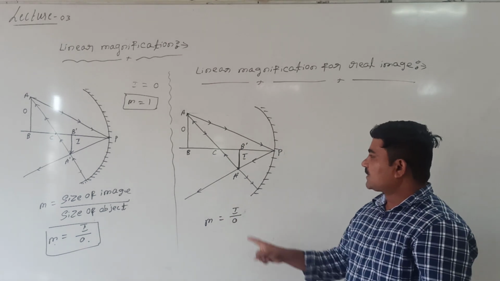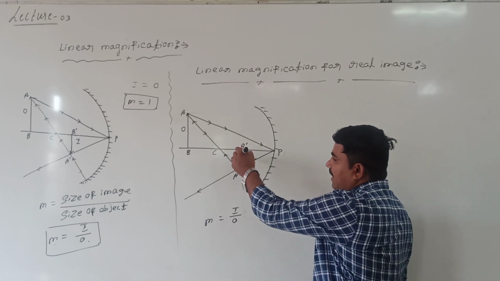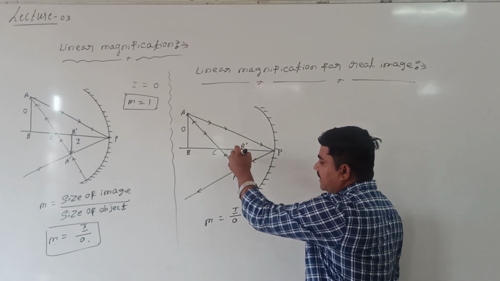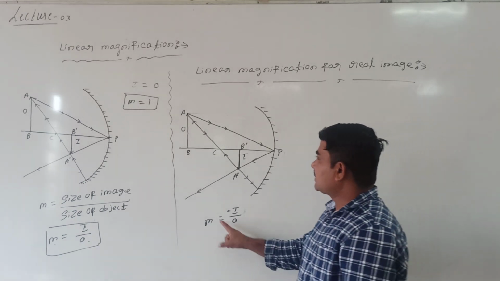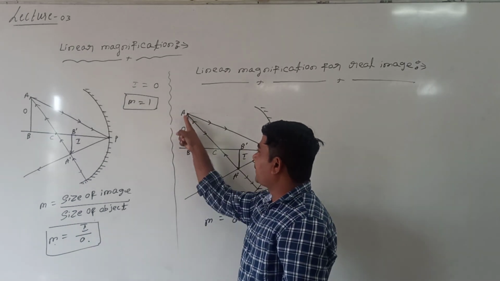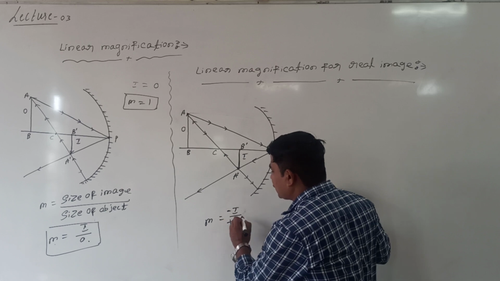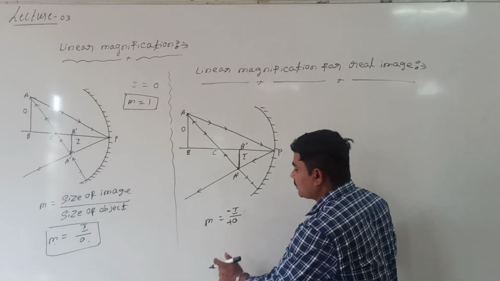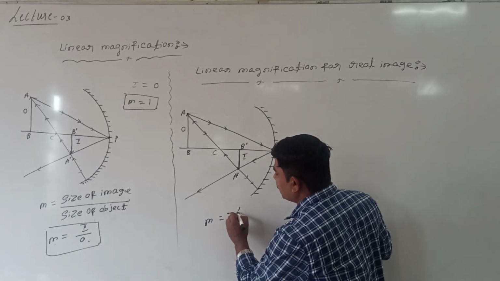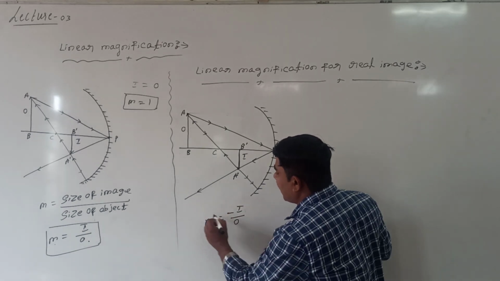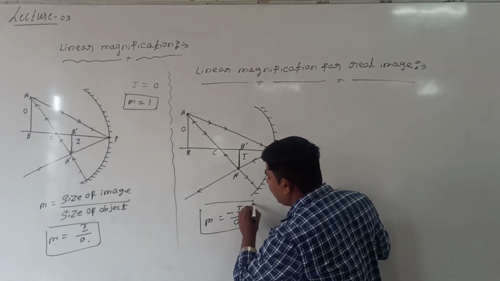The size of the image is measured downward, so it is negative; the size of the object is measured upward, so it is positive. Then linear magnification is equal to minus I divided by O. Linear magnification is negative.